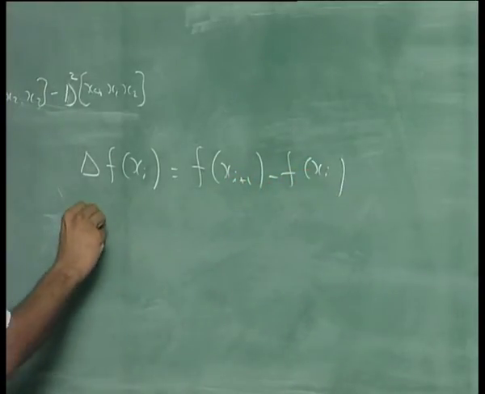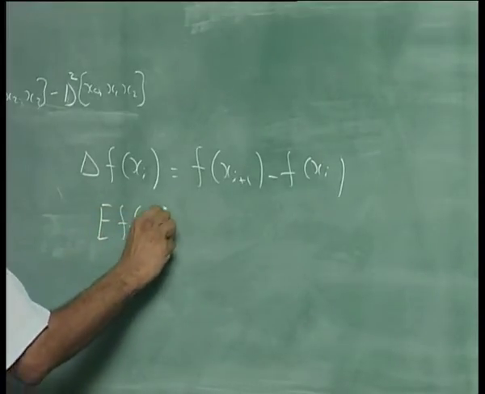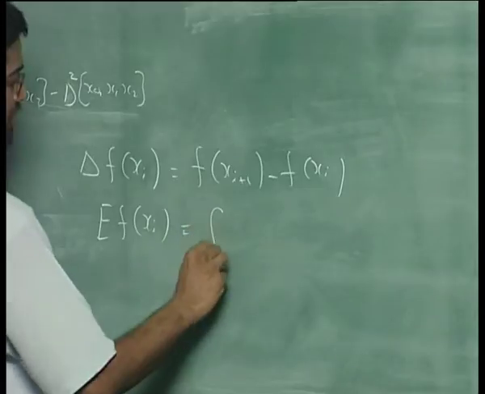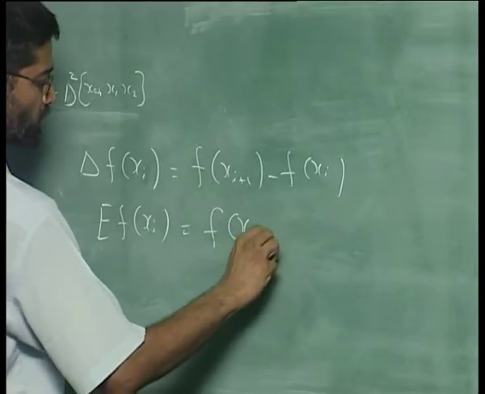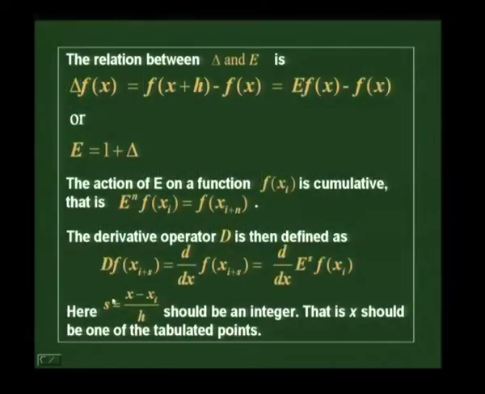And then we said that we have something called E f of x_i. So, E acting on f of x_i will give us f of x_i plus 1. Okay, that is something which you should remember. And then I can now write delta f of x. Since f of x_i plus 1 is f of x plus h, delta f of x is basically f of x plus h minus f of x, right.